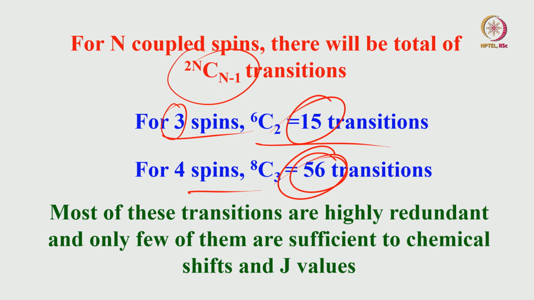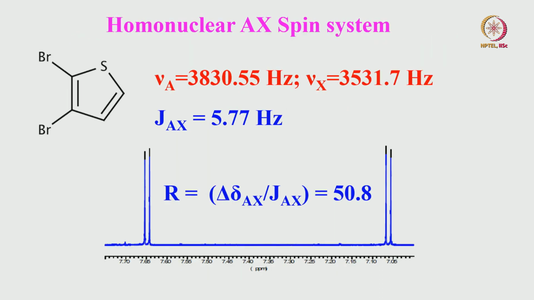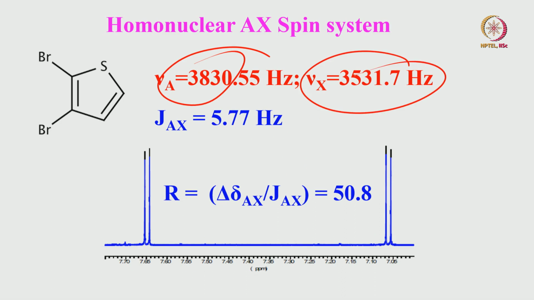So, single quantum NMR spectra are generally highly redundant. Only a few of the transitions are sufficient to get the chemical shift and J coupling information. This is a typical example of an AX spin case where the chemical shifts of A and X are like this, and the J coupling interaction is 5.77 Hertz.